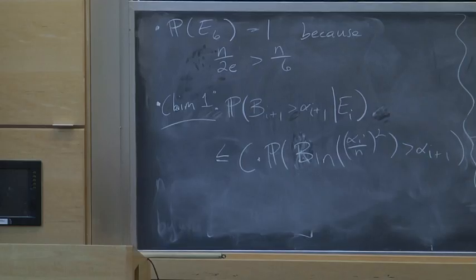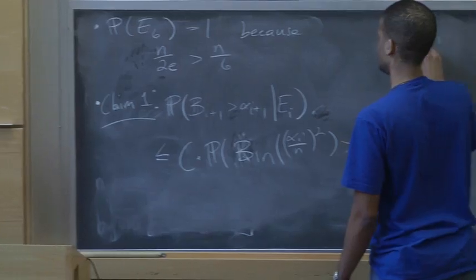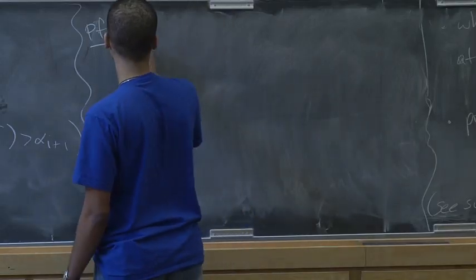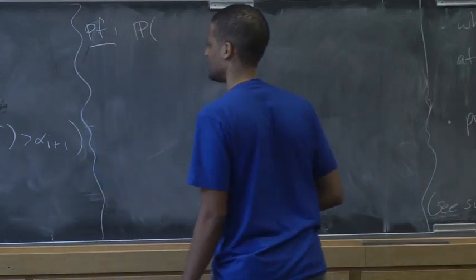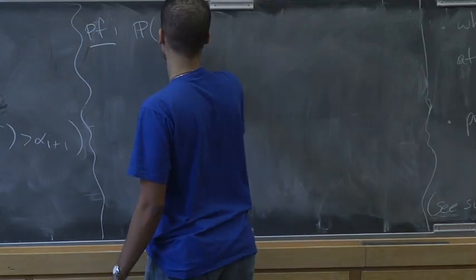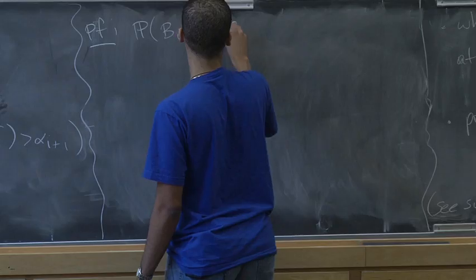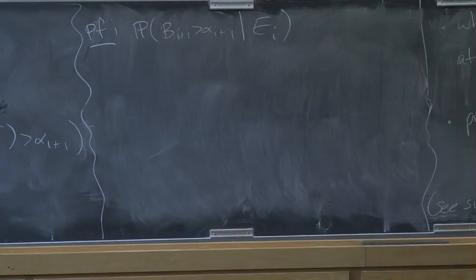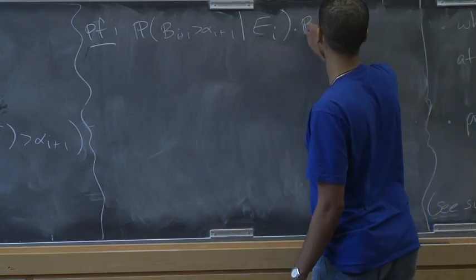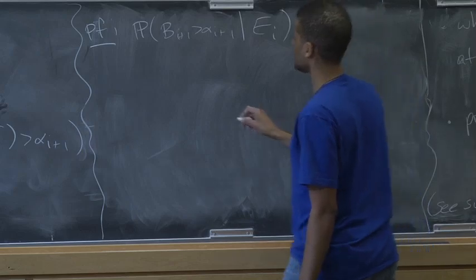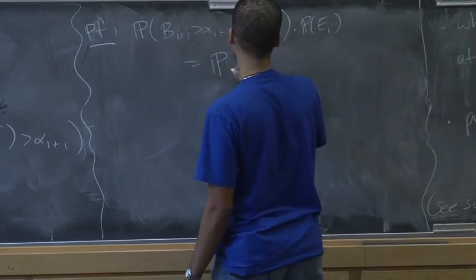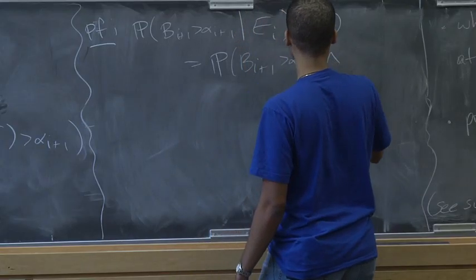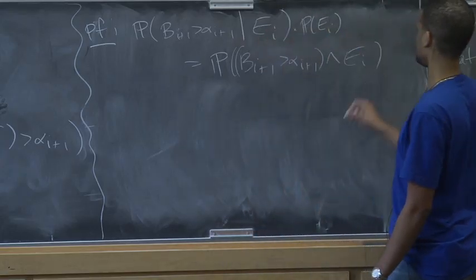What's the proof of that? So we know that the probability that b_{i+1} is greater than alpha_{i+1} given E_i, now we're going to use Bayes' rule, times the probability of E_i is equal to the probability of b_{i+1} bigger than alpha_{i+1} and E_i.